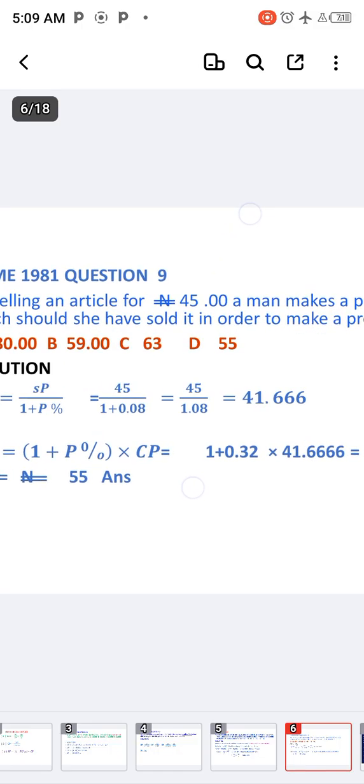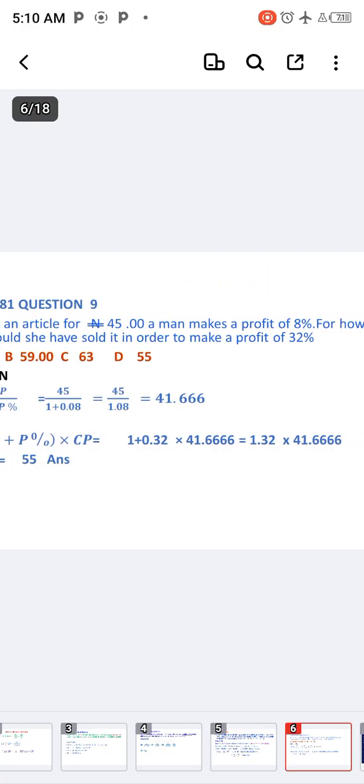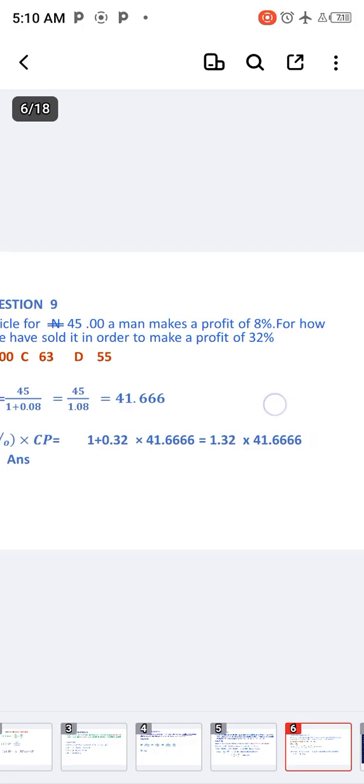This question is 1981, question 9. Now the question reads: by selling an article for 45 naira, a man makes a profit of 8%.